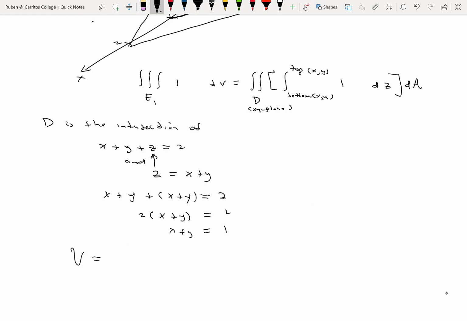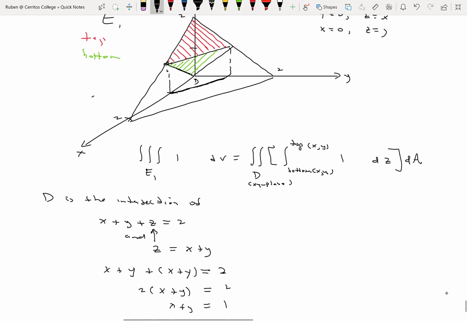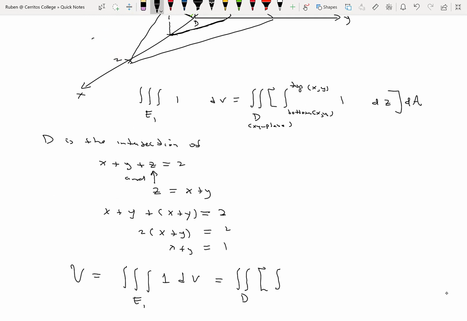Our volume then is the triple integral of 1 dV. That's the formula we start out with. This translates into the double integral over the region D in the xy plane of the integral from the bottom function of x and y, the green function, x plus y, to the top function, the red function.